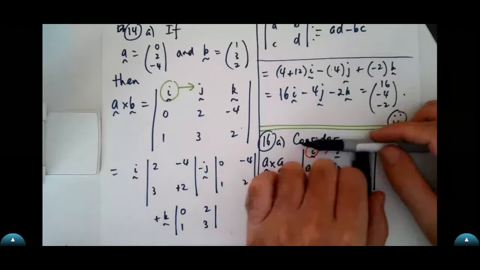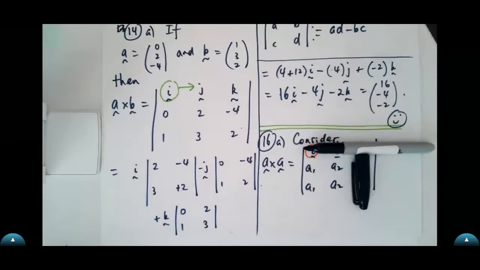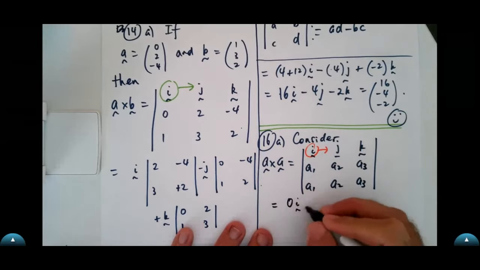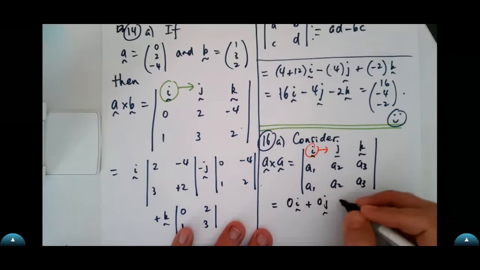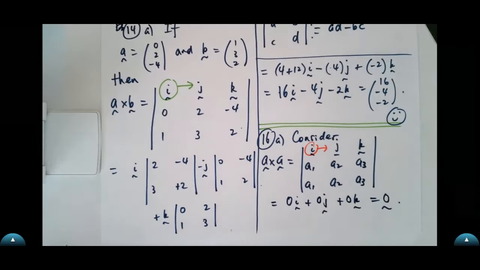That's zero. And then that times that minus that times that. That's also zero. Oh my goodness. The zero vector. Okay, so that's pretty easy.